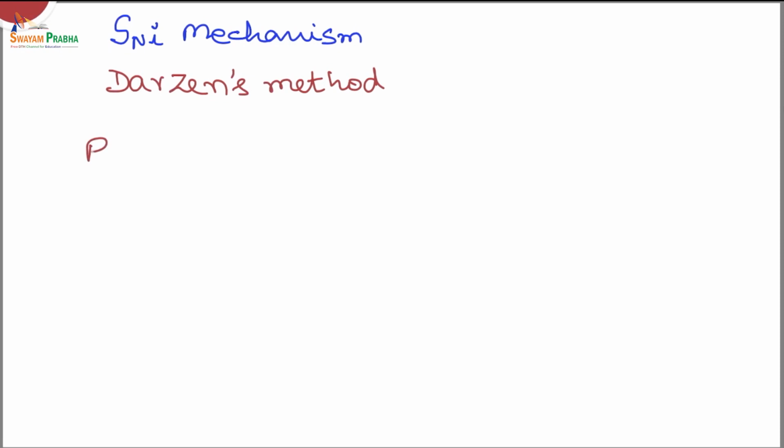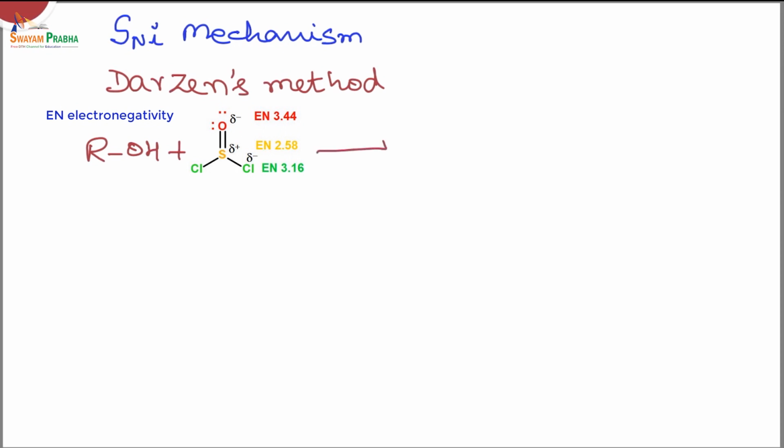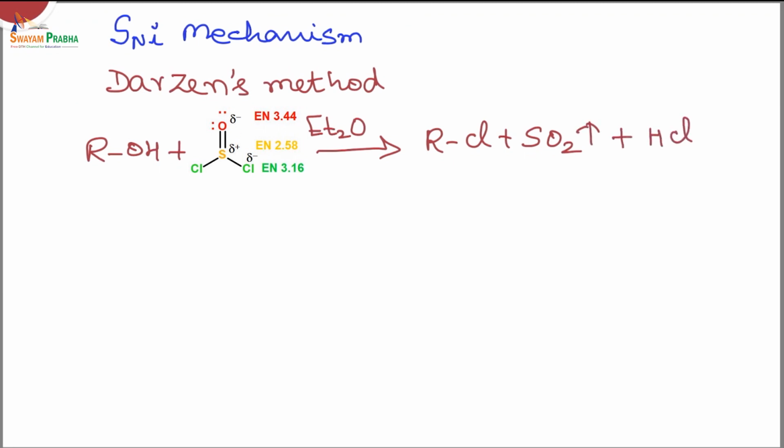So here an alcohol reacts with thionyl chloride in ether to give RCl plus SO2 plus HCl. So these two are basically gases which escape from the reaction medium, and we end up with the alkyl halide as a product.